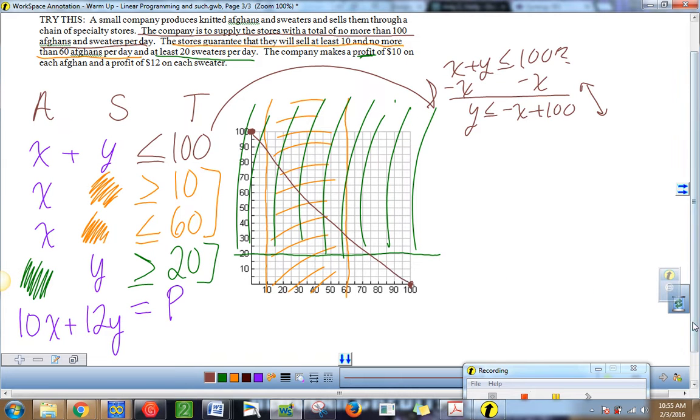Am I shading above or below? Below. So there's a lot going on here with shading. This is getting a little intense. So let's do this.